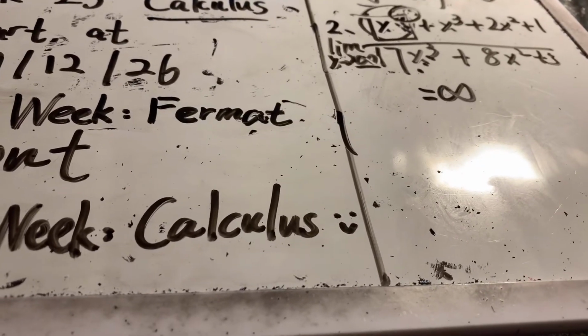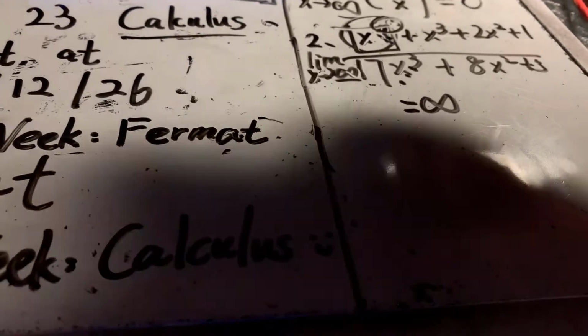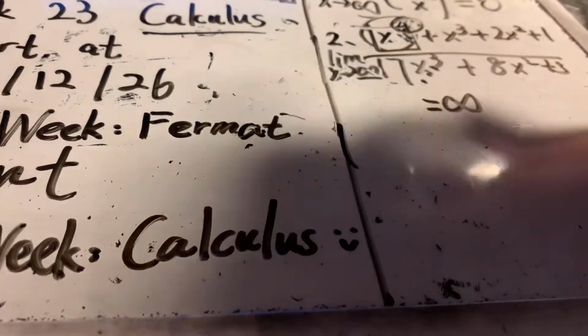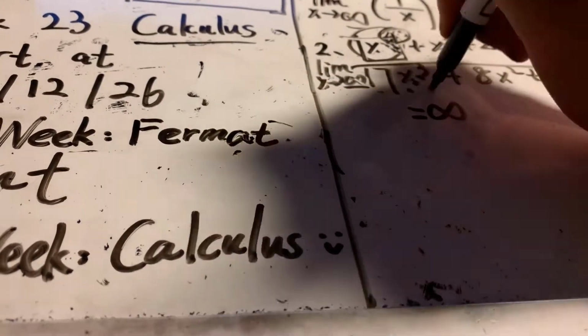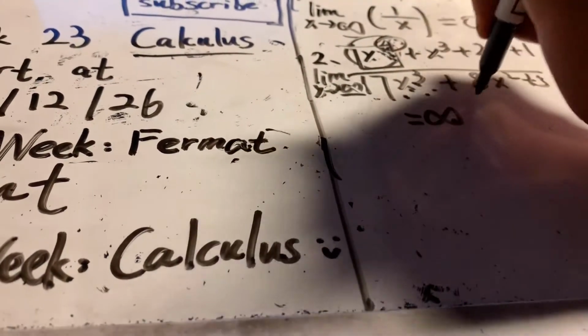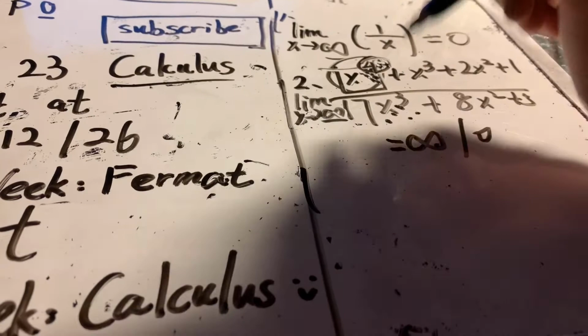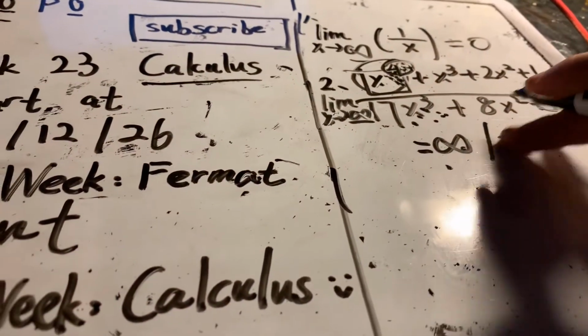If you see a dividing function where one part has a larger power, the result must be infinity or 0. If the larger power is on top, it is infinity. If it's on the bottom, then it's 0.